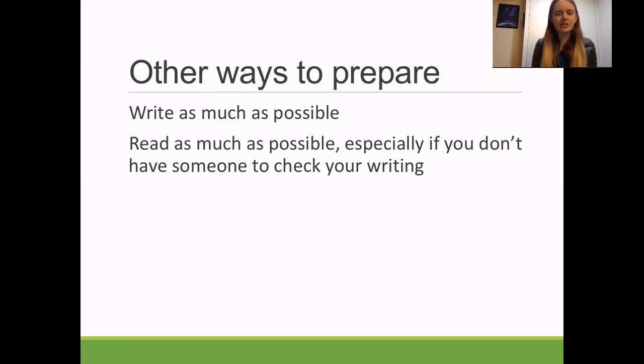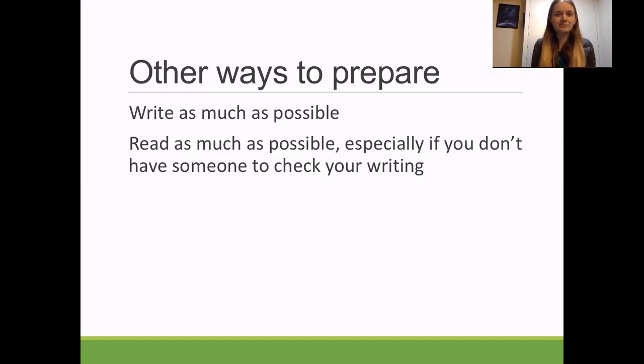But if you can't, or just to have more time working on things outside of your time with that person, you can be reading. So reading examples, sample questions from the IELTS writing section, that's really useful. You can find resources where you can be reading the question and some answers and the scores that they got, and also just reading in general.